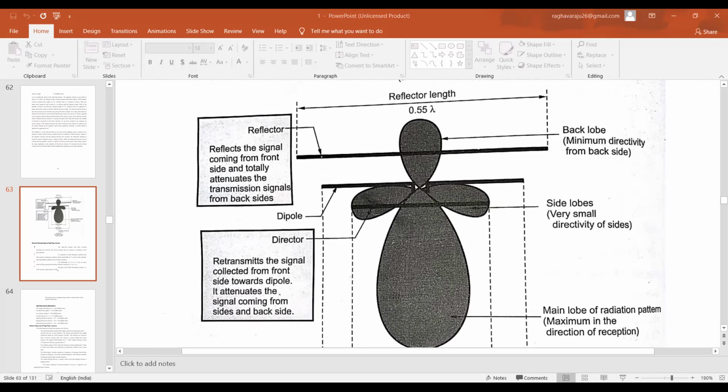So this is a very important figure. This is the very important half-wave dipole. So this is the reflector and this is the dipole. This is the director. Director, dipole, and reflector.